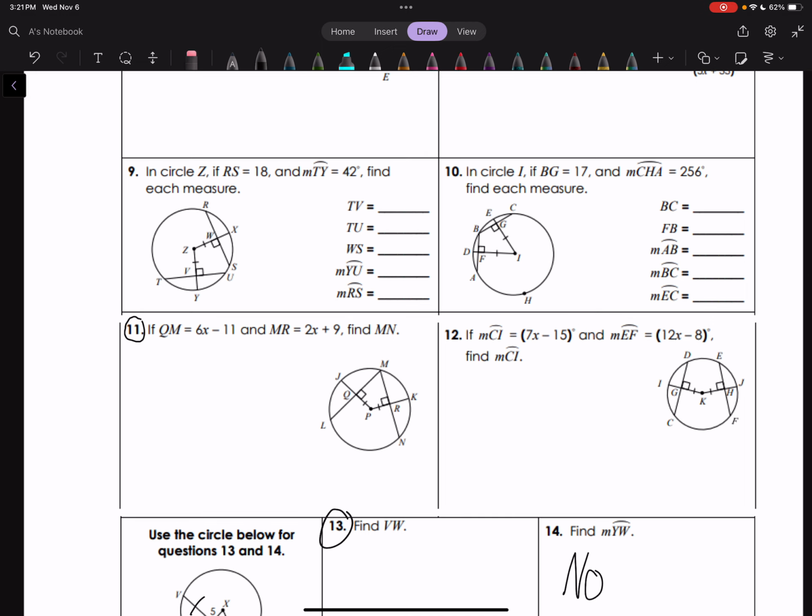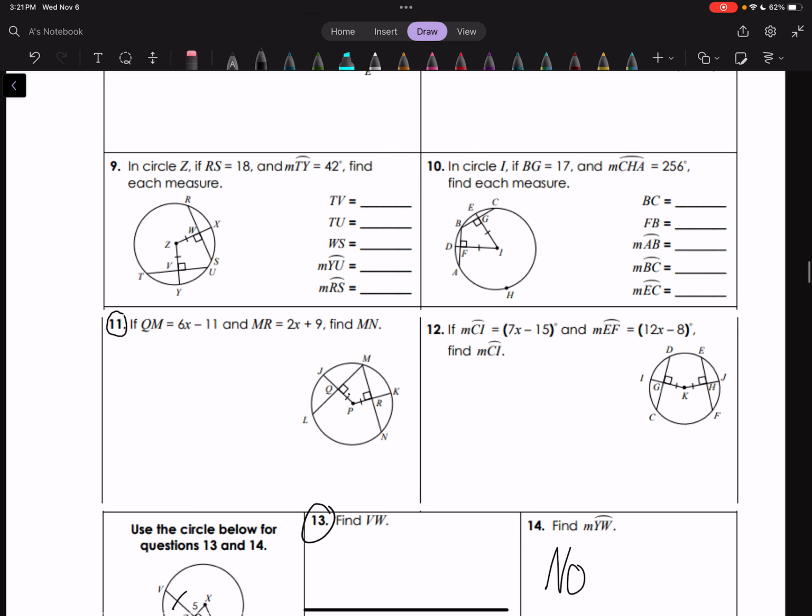All right, for number 11, if QM is equal to 6x minus 11, MR is equal to 2x plus 9. Find MN. So I have that the radii to points Q and R respectively are congruent, that means my chords are congruent.